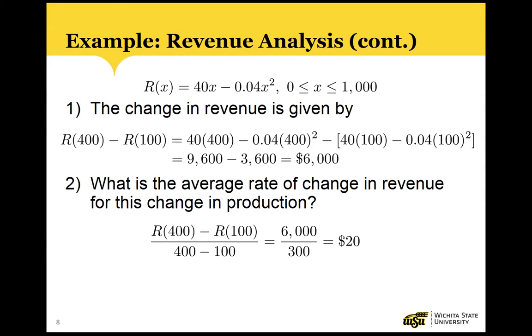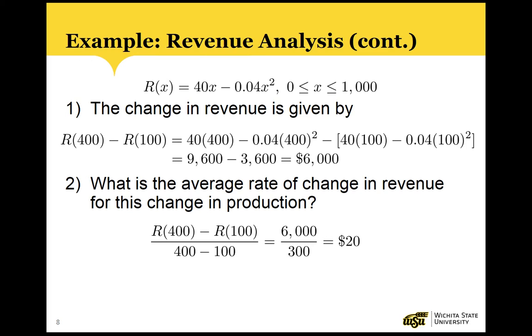The change in revenue is given by the difference between the revenue at 400 units minus the revenue at 100 units. By plugging 400 and 100 into our function and taking the difference, we get (40 times 400 minus 0.04 times 400 squared) minus (40 times 100 minus 0.04 times 100 squared), which simplifies to 9,600 minus 3,600, which gives us $6,000.